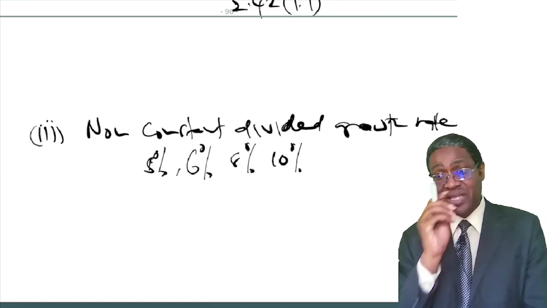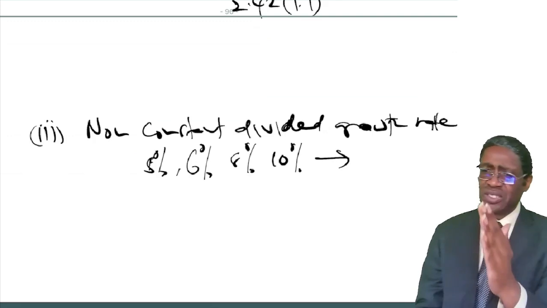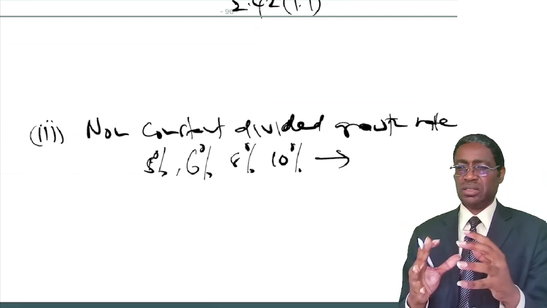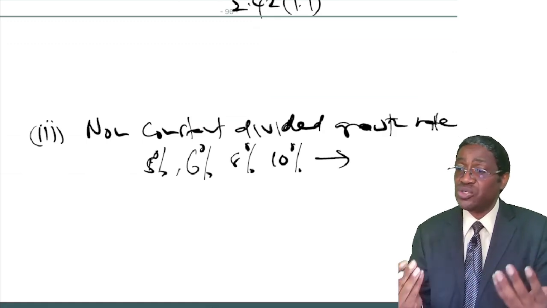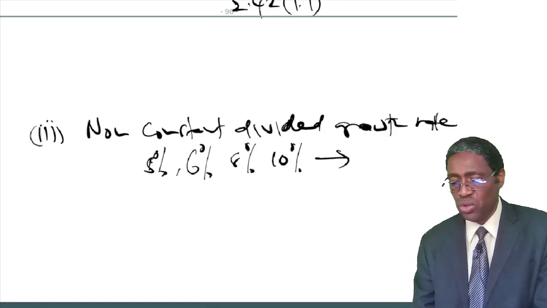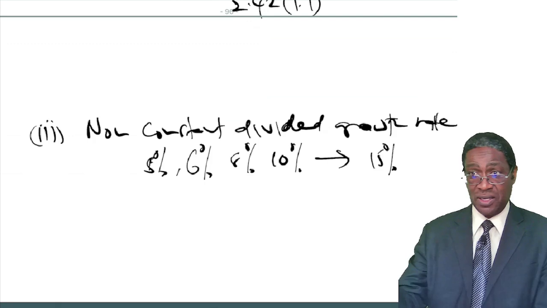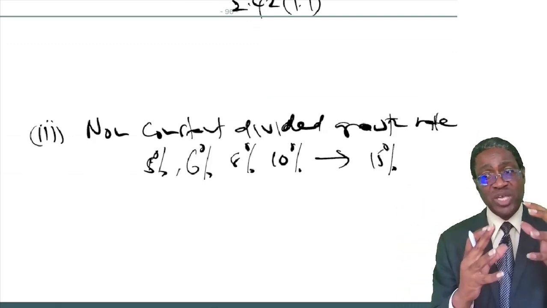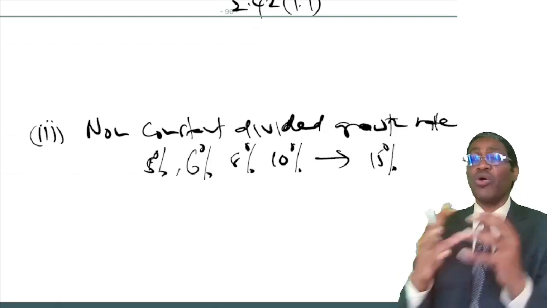Listen to this. Then after the fourth year, the dividend will grow at a constant rate. Maybe after the fourth year, the question tells you the dividend will grow by 15% every year into perpetuity. Meaning it is the category where we are mixing non-constant with constant.